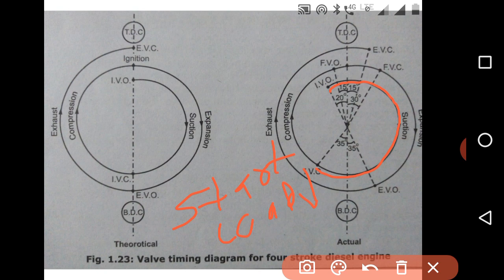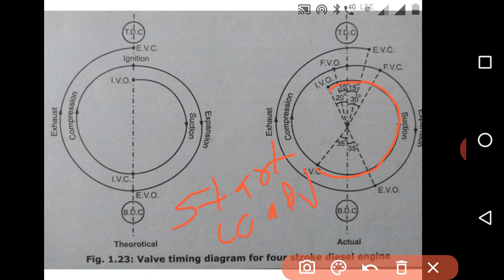But as the inlet valve and exhaust valve open and close at that fixed time, this duration of valve timing is fixed. And in the opposite case, if we have to increase the speed, the engine will require more power.